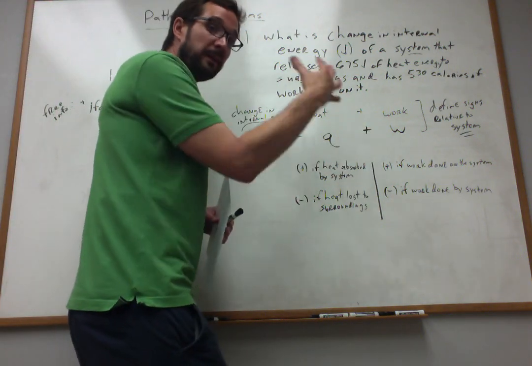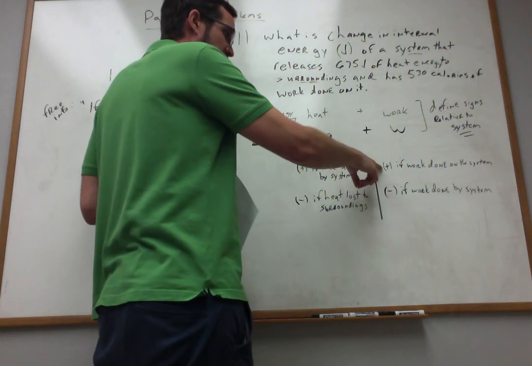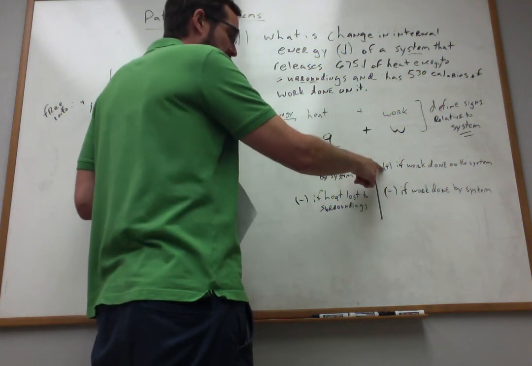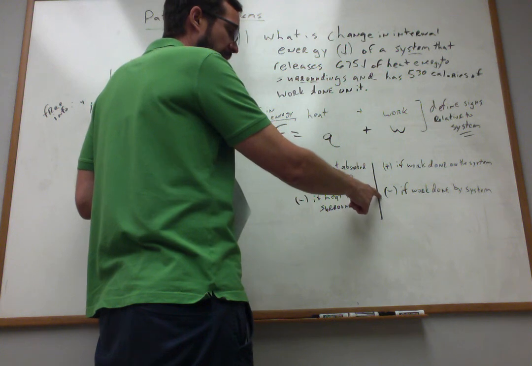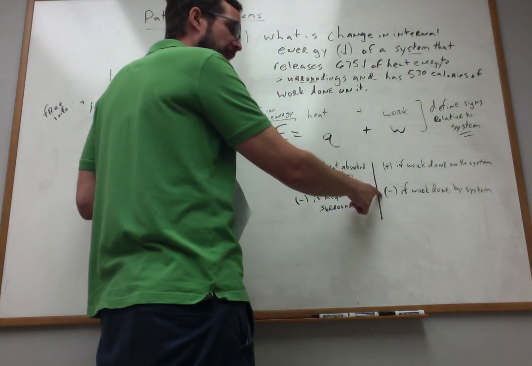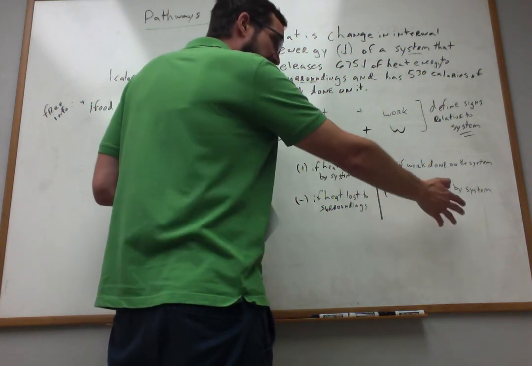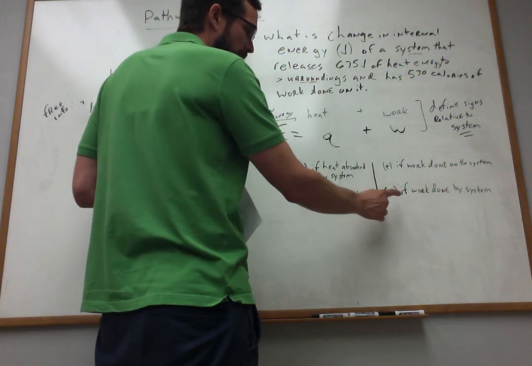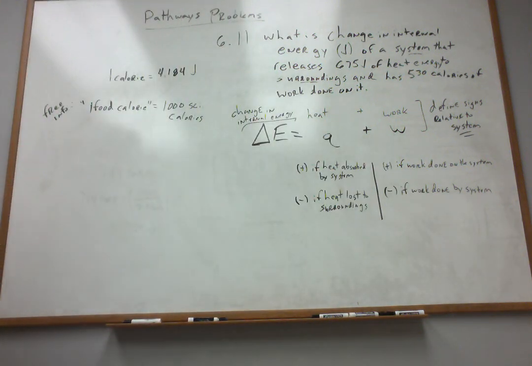That's like storing internal energy into it, or adding internal energy into it, so the sign is positive. However, if the system performs work on the surroundings, or if work is done by the system, in our lingo, it's a negative sign. This is the hardest part of using this equation, okay? Because it's the directionality of the heat flow, okay?